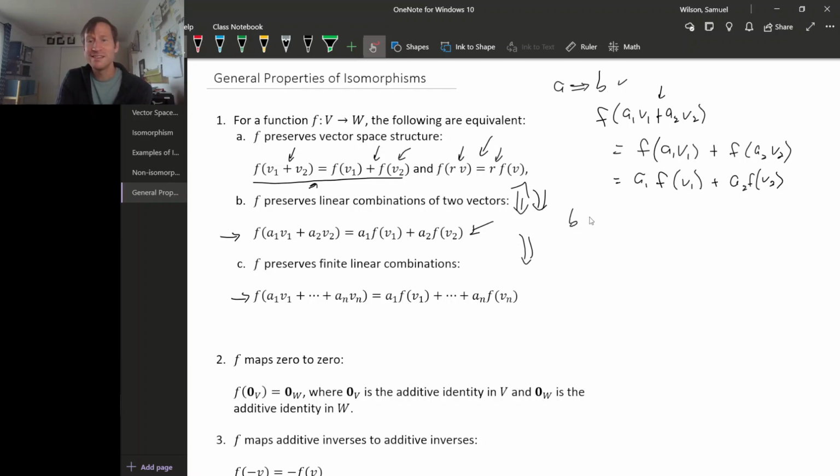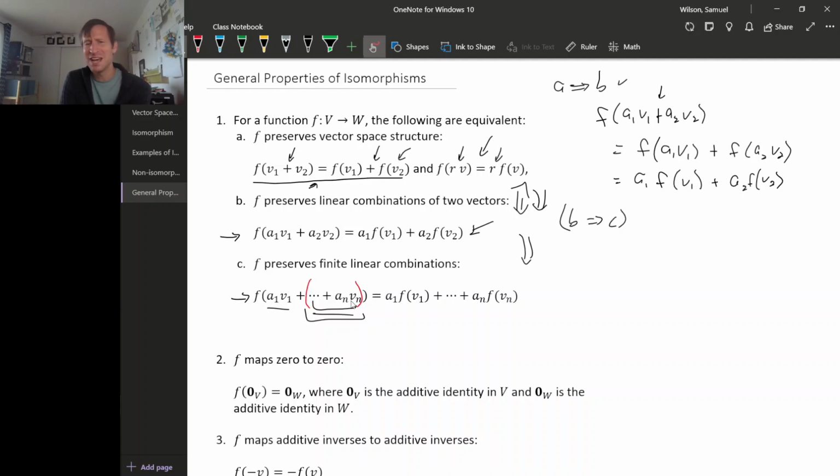For B implies C, well, here we have a finite linear combination. B is just a linear combination of two vectors. What we can do is break our finite linear combination down into a linear combination of these two vectors, and then use part B. But then now we have f of this whole mess, and we can use part B again to break this one down into smaller and smaller pieces.